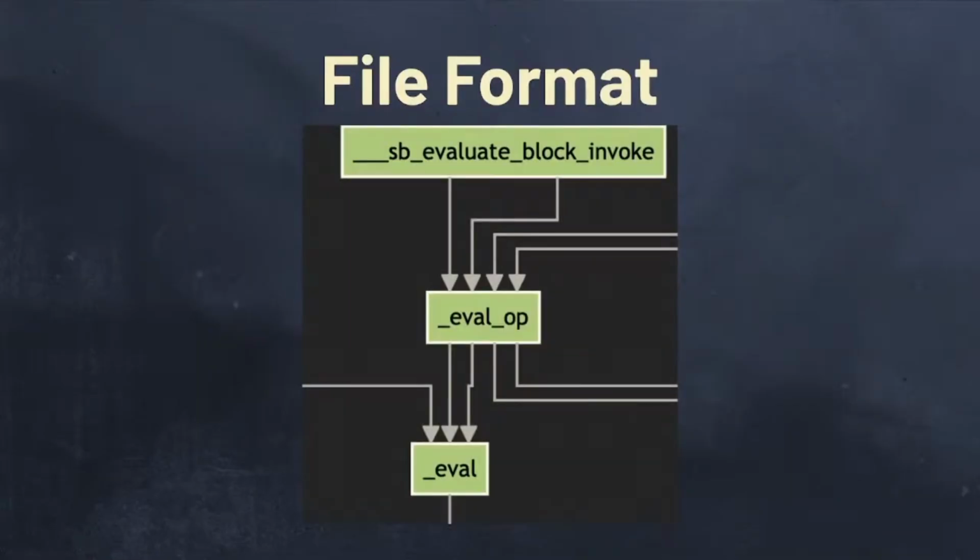The analysis also showed that the Sandbox is parsed and evaluated dynamically. The main functions involved are Sandbox evaluate, evaluate operation, and evaluate. These are the core evaluation routines that decide what actions are allowed or denied during runtime.